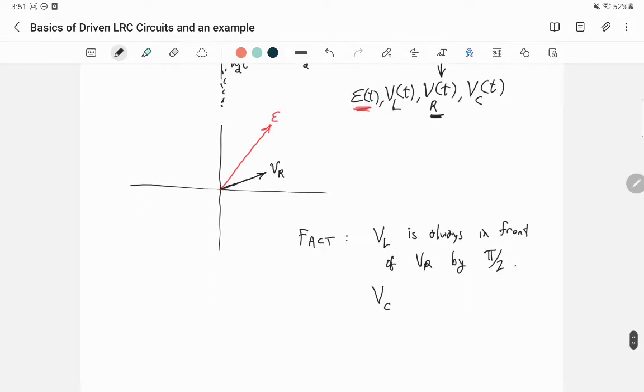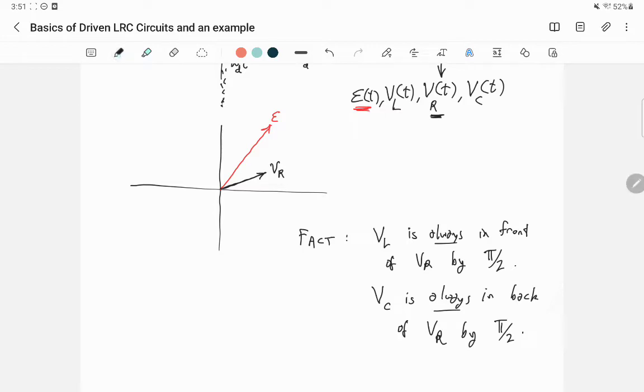And V sub C is always, I'm going to underline always, in back of V sub R by pi over 2. Right, so these are the relative phases of the phasors that represent the voltage across the inductor and the voltage across the capacitor.